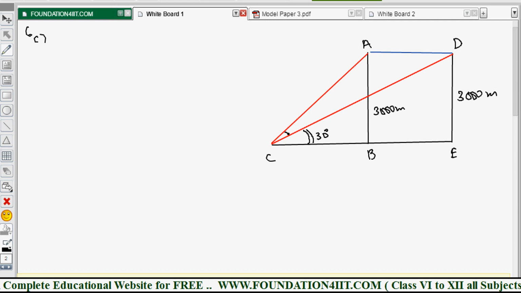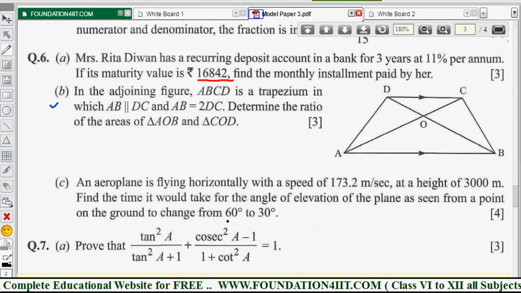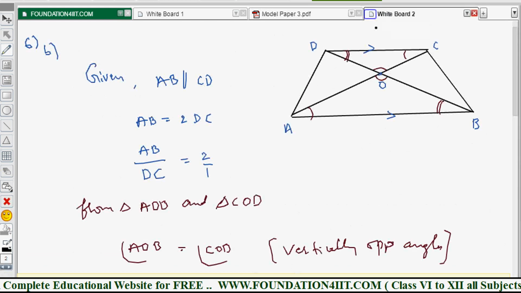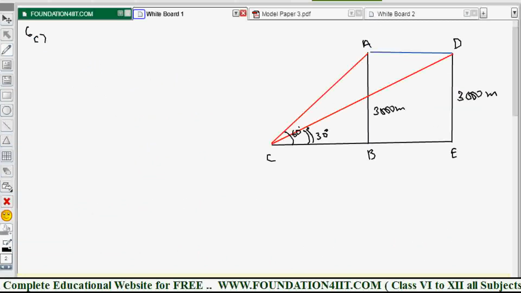This 30 degrees and this is the 60 degrees which is near. So if you observe 60 degrees to 30 degrees, it changes. So from A to D it is past this.